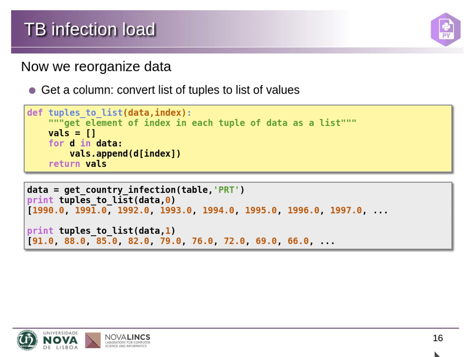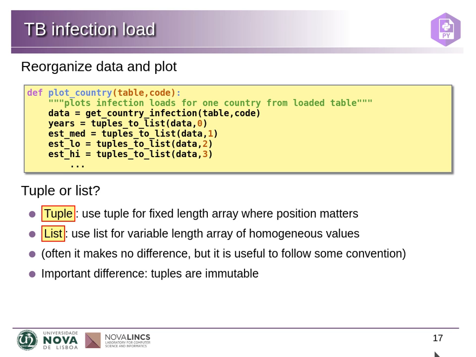Okay. But so now we're going to do this the step-by-step way. We have this function that we indicate which column we want, and it brings it all in a list. And now we write this code to get from this table and the code for the country. We're going to do the plot for the infection load.